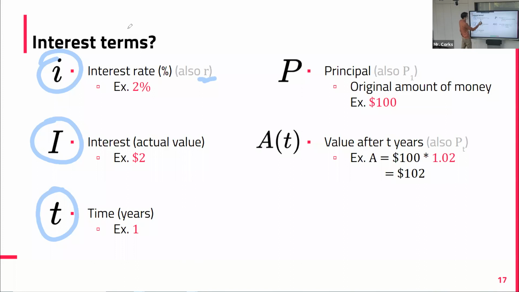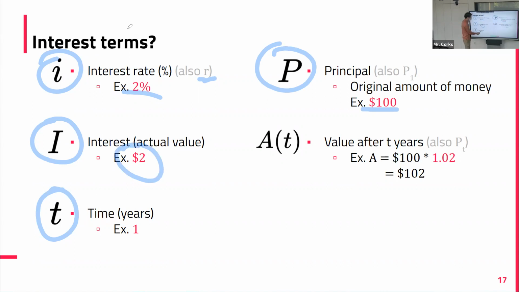So let's say we have 2% interest and we have a principal value, a starting value here that is $100. The original value of a loan or investment, whatever, at 2%. So 2% of 100 is $2.